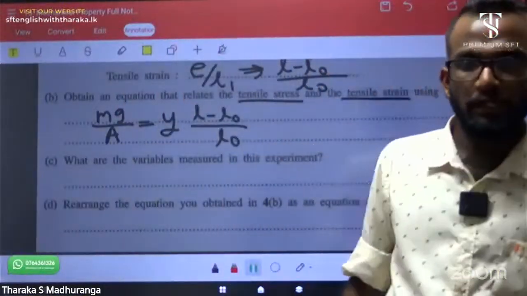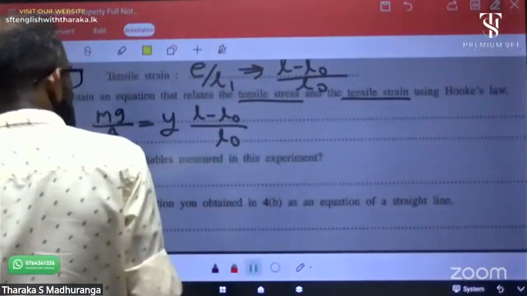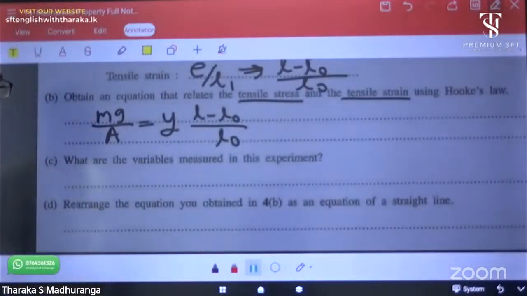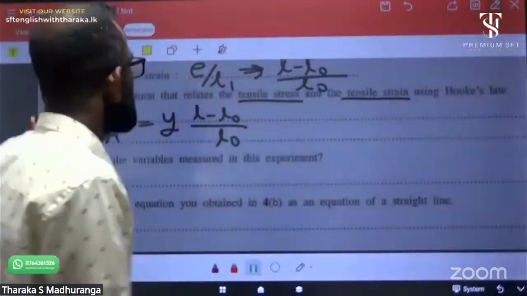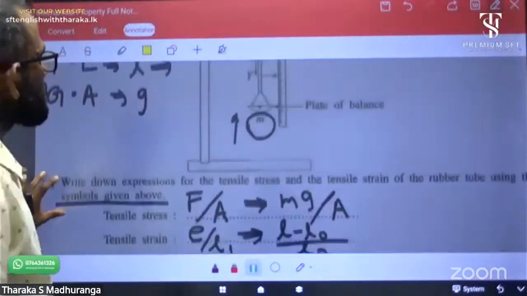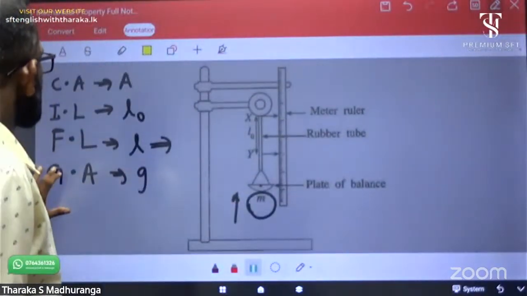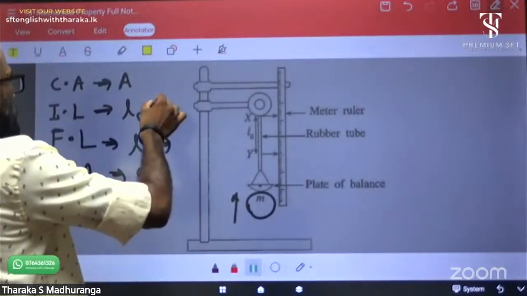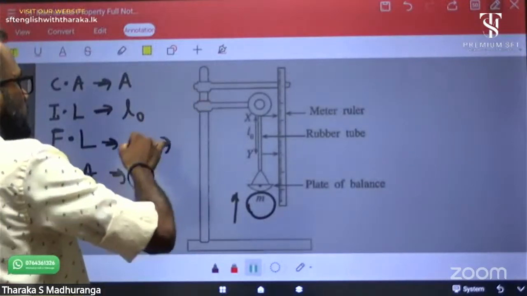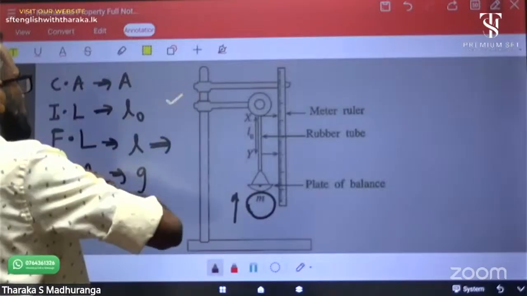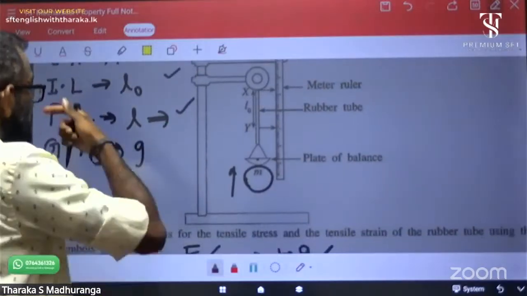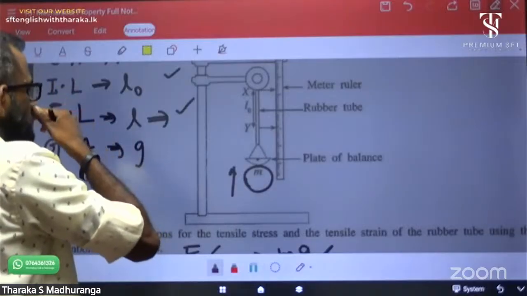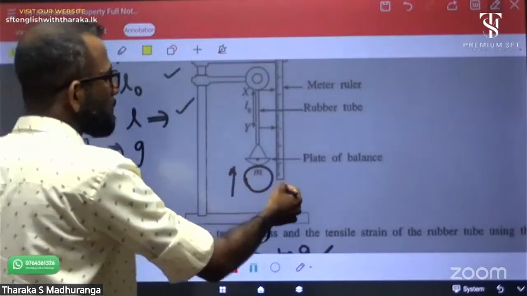Now, what are the variables measured in this experiment? What did we measure? We measured the initial length, the final length, and the mass, right?